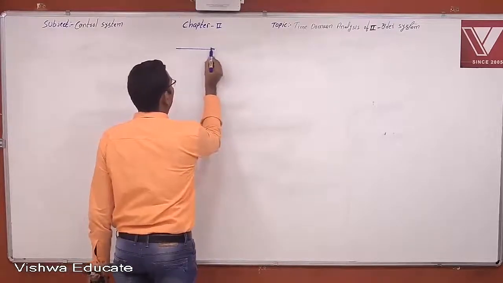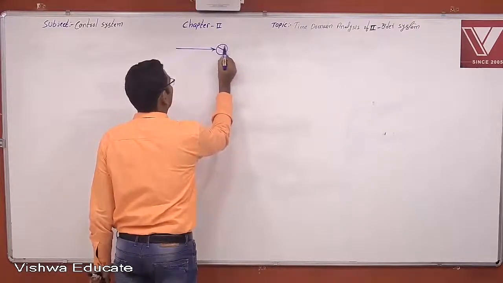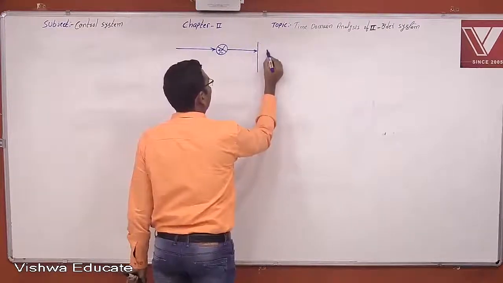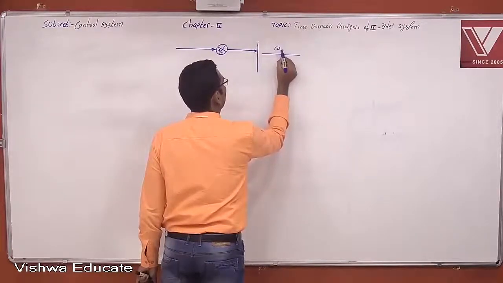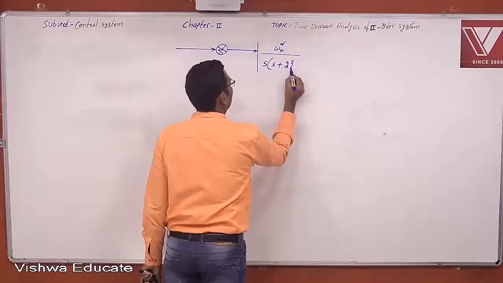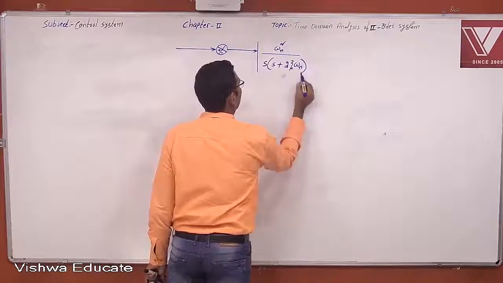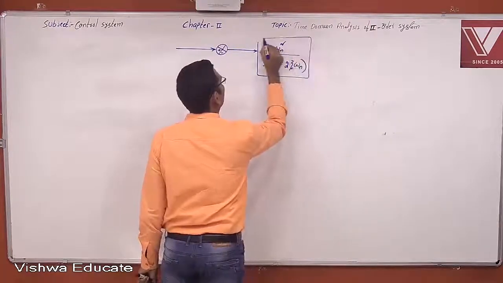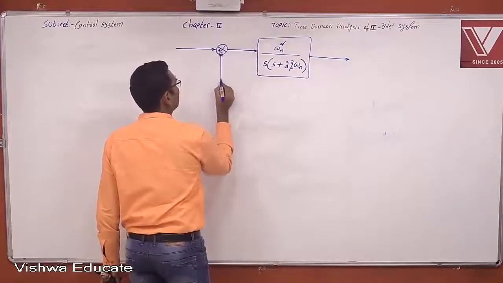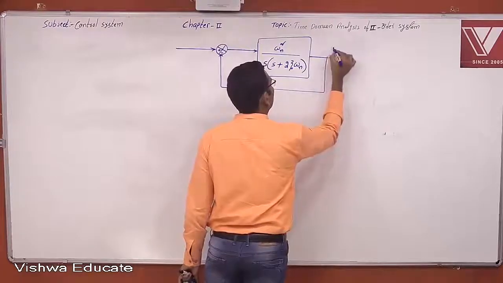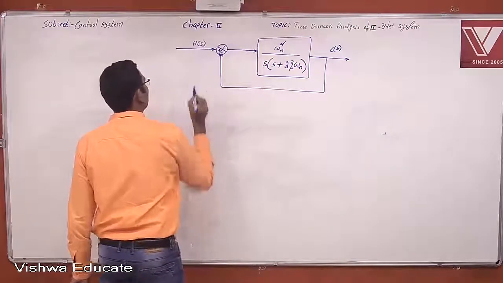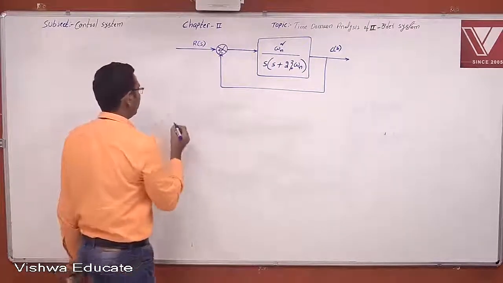Now this is the block diagram which is given to you. Now this is the forward path gain.